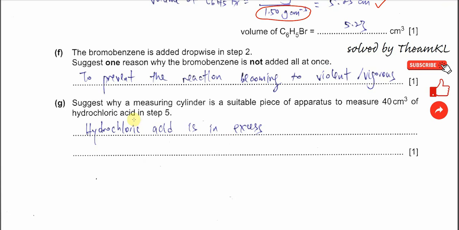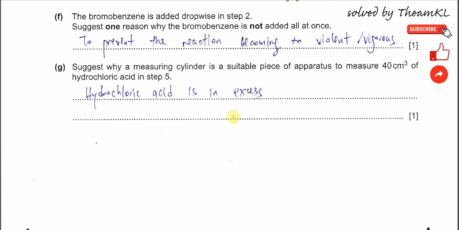We don't have to use a pipette or burette. We can just use the measuring cylinder to get roughly 40 cm cube. That's enough. When the volume is used for a preparation, for example a solution, then it's another story. But here, the HCl is already in excess, so it doesn't matter that we use the measuring cylinder.